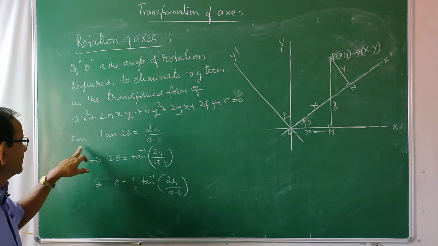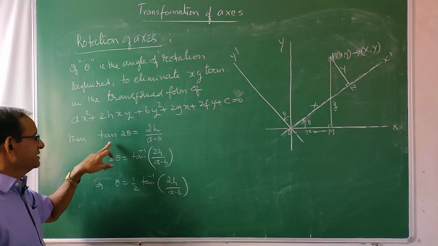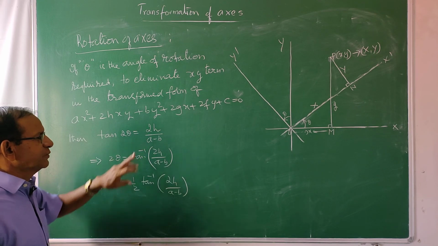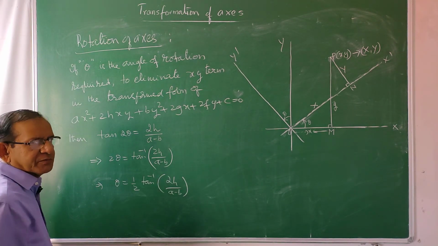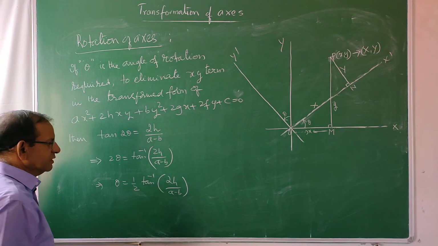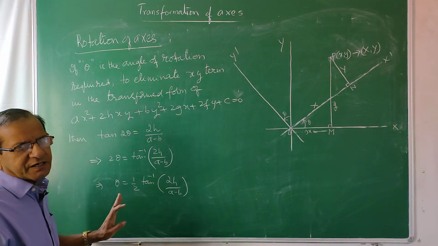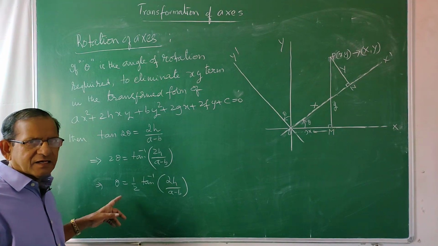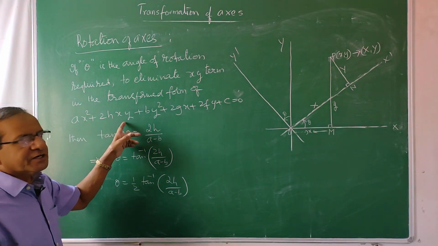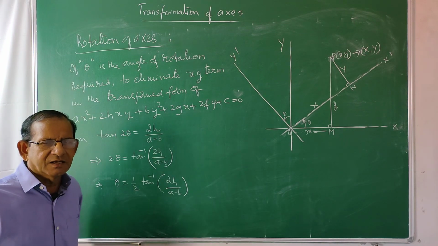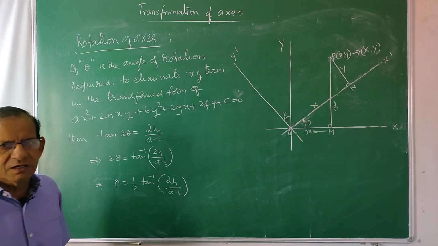For that, theta should be given by this equation. Tan 2 theta is equal to 2h by a minus b, that is 2 theta is tan inverse of 2h by a minus b, or theta is equal to half of tan inverse of 2h by a minus b. If you take the angle of rotation with this value, then you won't get the xy term in the transformed equation. Based on this one, we shall take one or two problems.